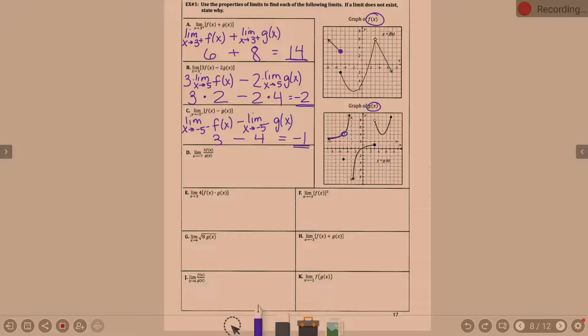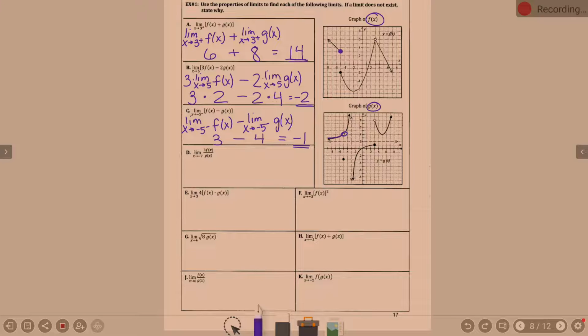D, unless you stop me. The limit as x approaches -7 of 3 f of x over g of x. So, in my brain, it's pretty obvious that it's the same thing we have been doing, right? We're breaking into pieces. This is just a limit of a quotient. So we're going to break it into the quotient of 2 limits. And that 3 on top, though, can also go out front.